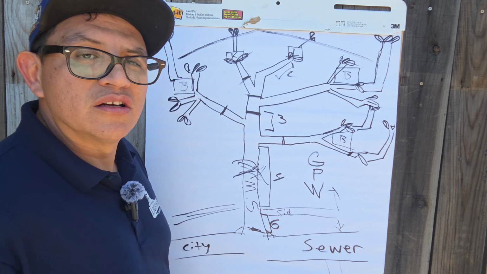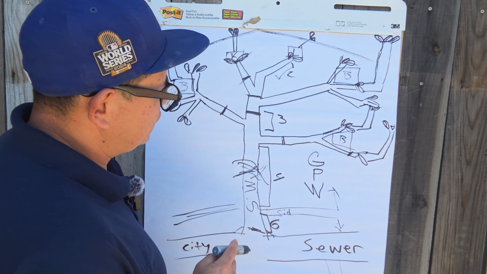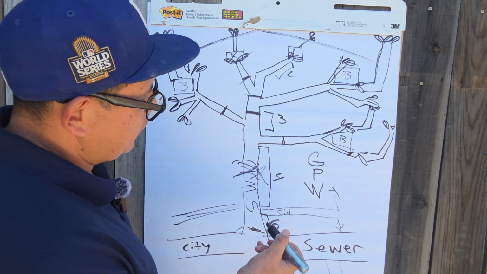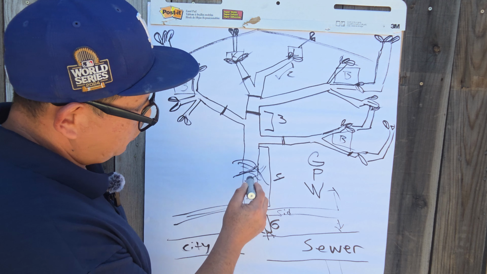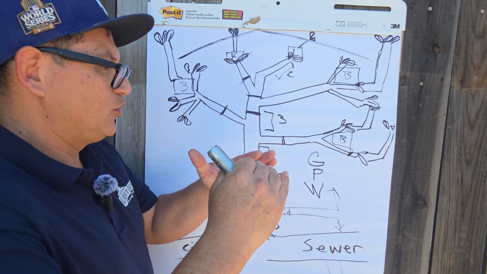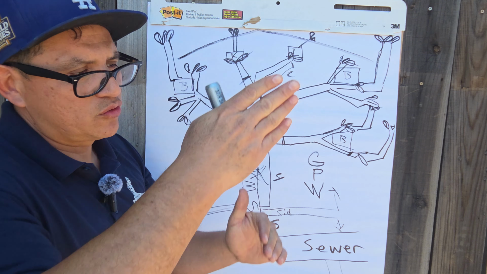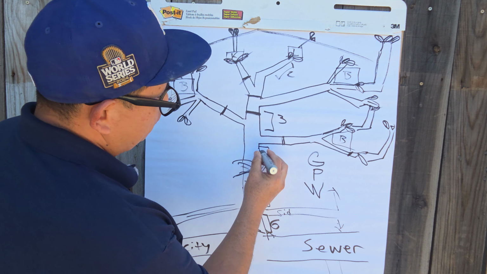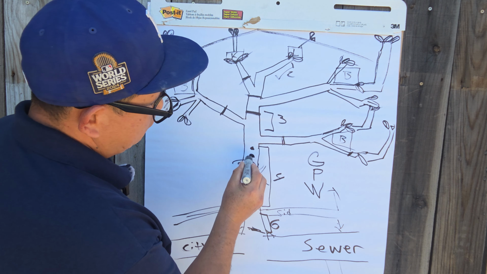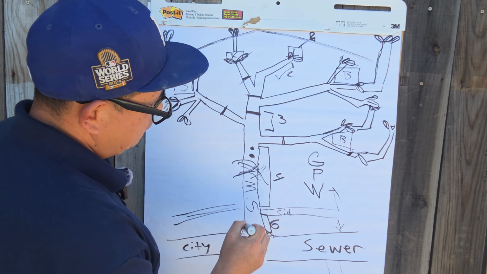Another thing you also want to know is that you need cleanouts. Cleanouts are very important. Normally, if this is your sewer line, you probably want two cleanouts, one going in reverse, one going forward. Let's say you put them here, one here, one here. This one goes back, this one goes front.